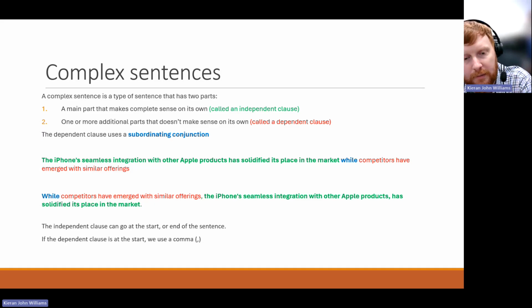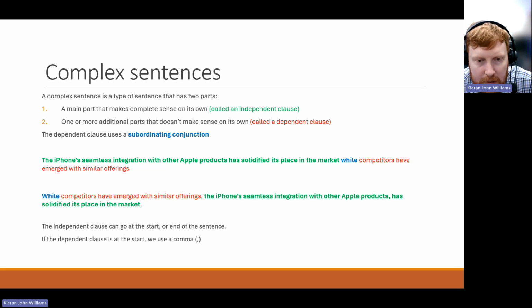So we're going to have a look at them. They are similar to the ones we've just looked at, but some of them are a bit different as well. This is an example from the paragraph that we looked at earlier. The iPhone's seamless integration with other Apple products has solidified its place in the market. That sentence on its own has a clear, single idea.